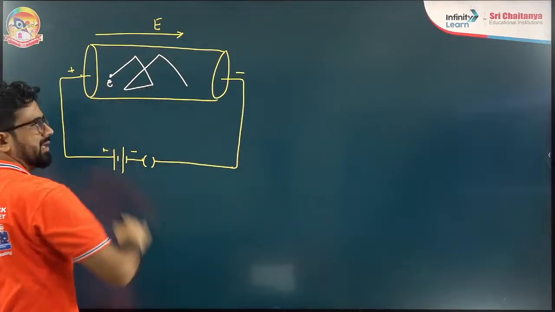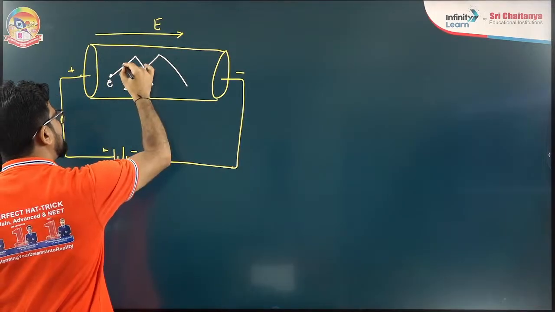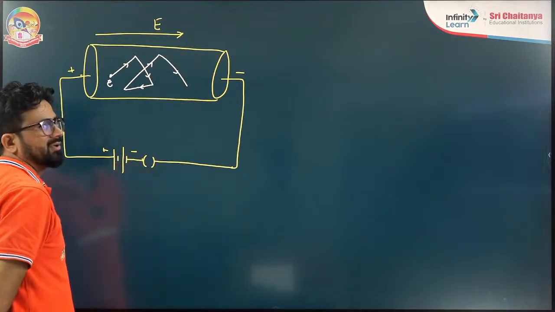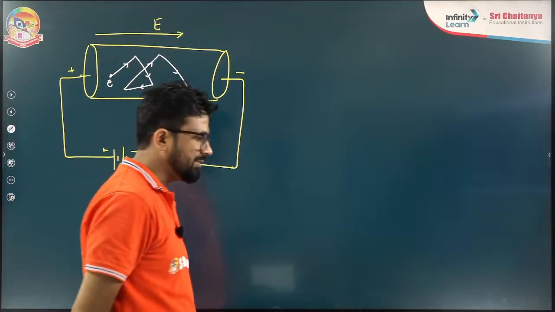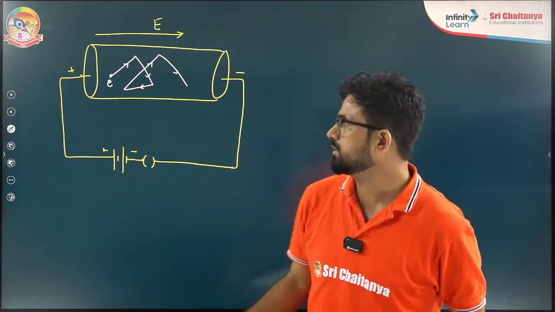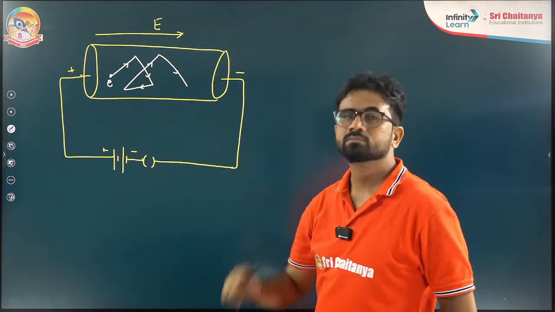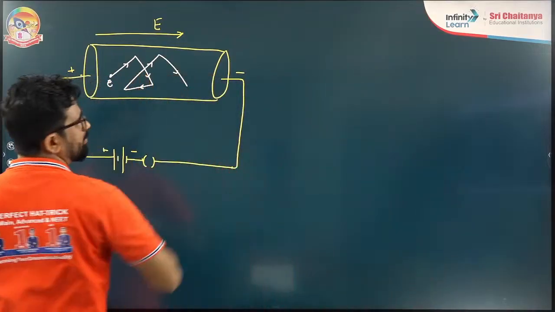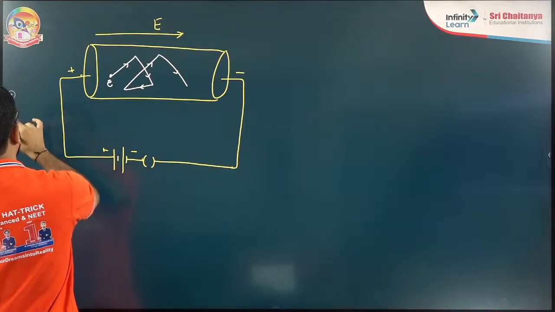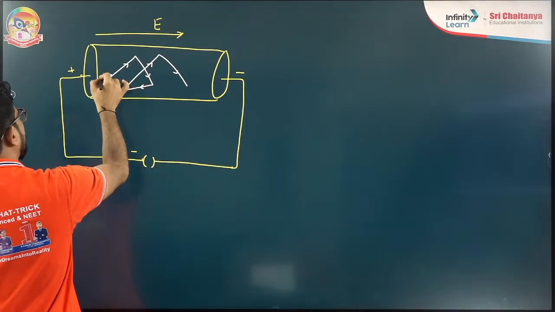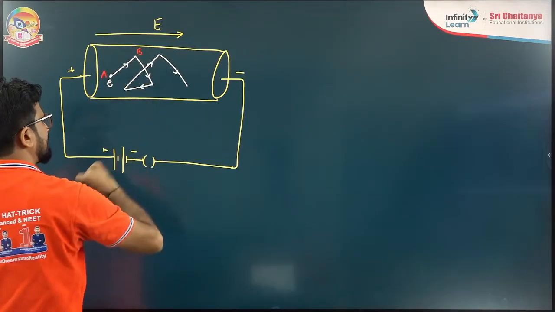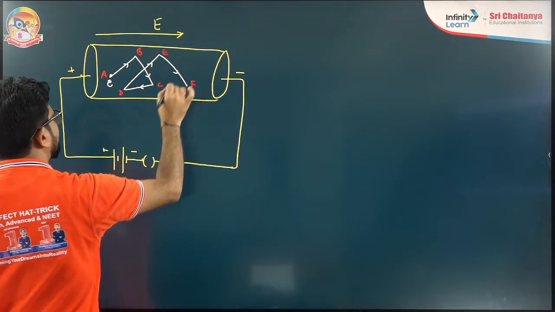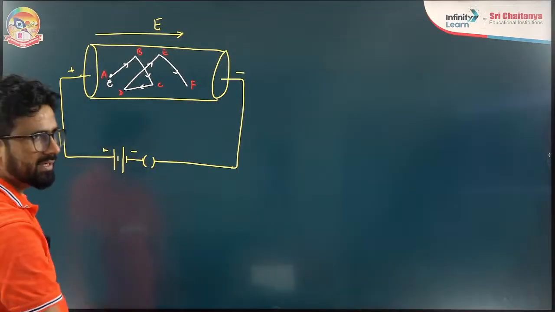This is the electron, and this is the direction of motion of the electron. How is it possible that the electron moves this way? Suppose this point is A, and it reaches B or C or D or E or F. These are different points I have written.